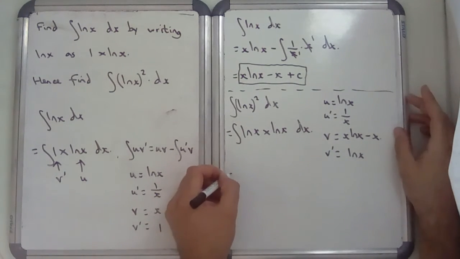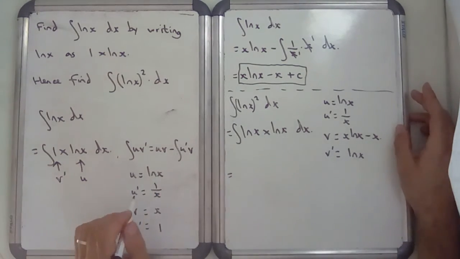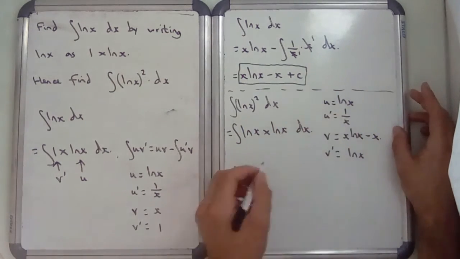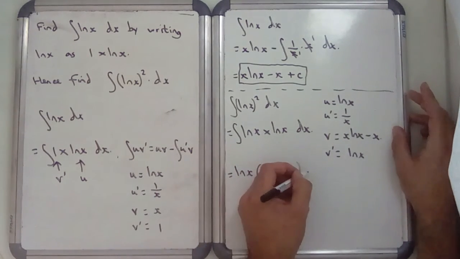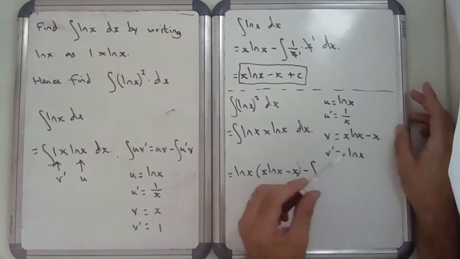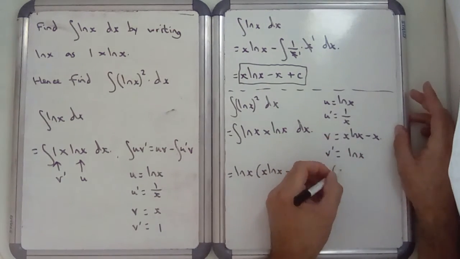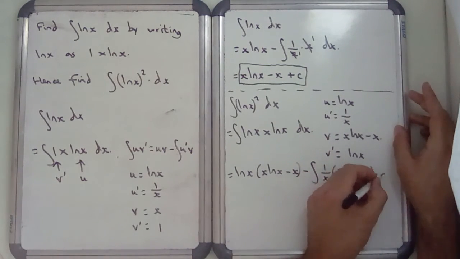So the integral of this, remember the by parts formula is uv, so ln x times x ln x minus x, so that's uv, minus the integral of u dashed v. So u dashed is 1 over x times v, which is x ln x minus x, with respect to x.